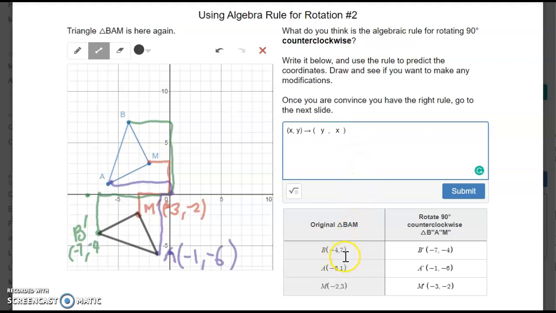Did the signs change at all? Well, 7 became -7, 1 became -1, 3 became -3. So x became the negative version of y, and y became x, and that will be my rule.